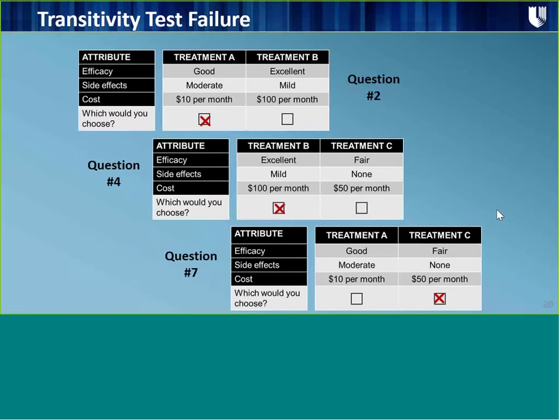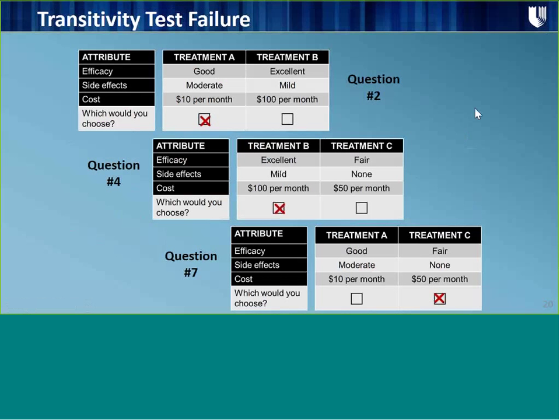Here's the transitivity test. It's a little complicated, but all it is is simple logic. This guy prefers treatment A to treatment B in question 2. Now we show treatment B against treatment C. So he prefers A to B, prefers B to C. So if he prefers A to B and B to C, he must prefer A to C. But this guy, instead of preferring A to C, prefers C, which is inconsistent with what he's already told us.